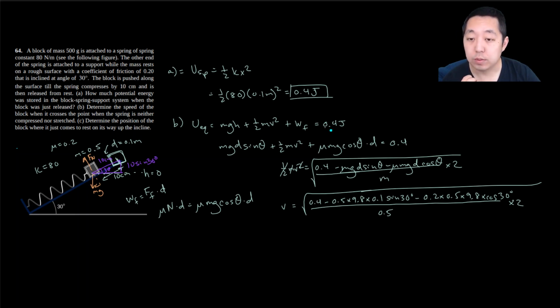I think, because we said 1/2 kx squared is 0.4. So I did 0.4. Let me just make sure I did this math right. Minus 0.5 times 9.8 times 0.1 sine of 30 degrees. Minus 0.2 times 0.5 times 9.8 times cosine of 30 degrees.